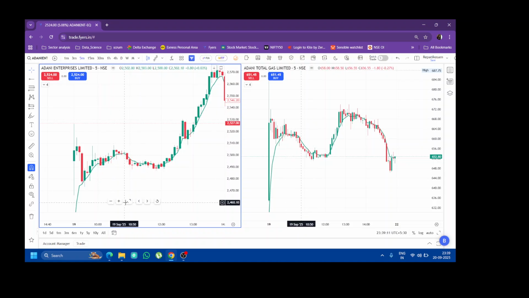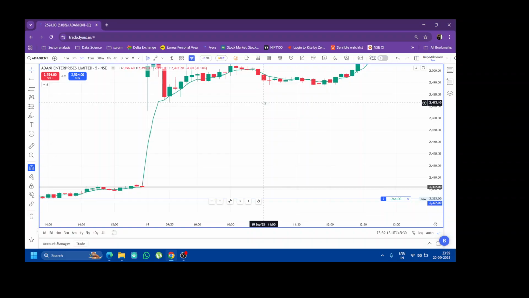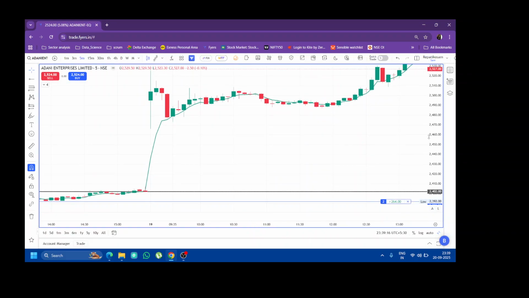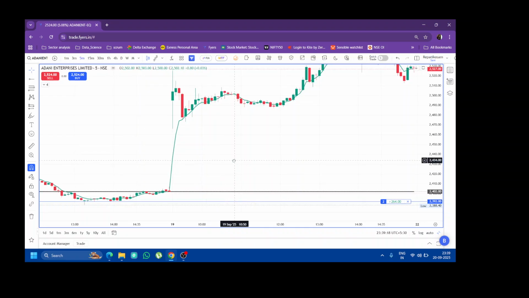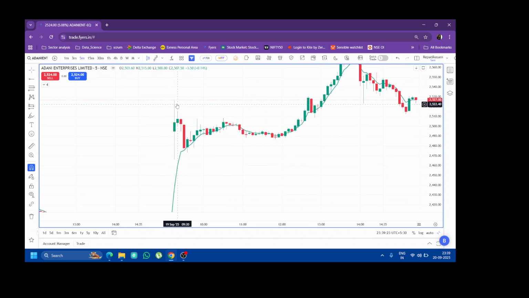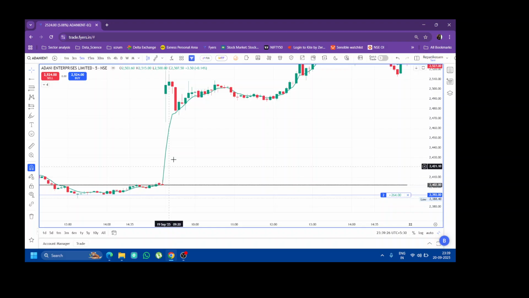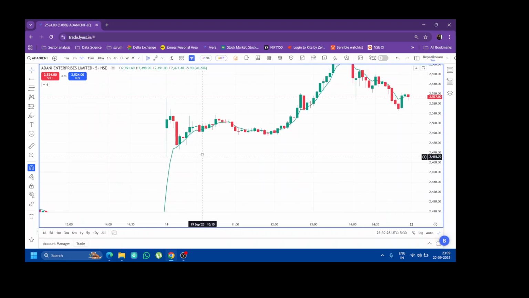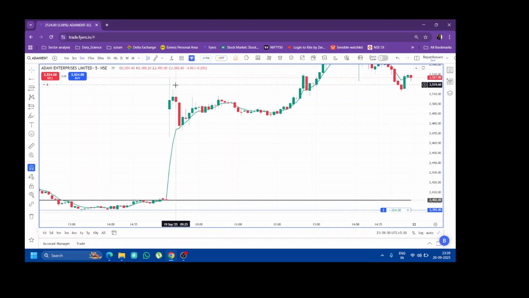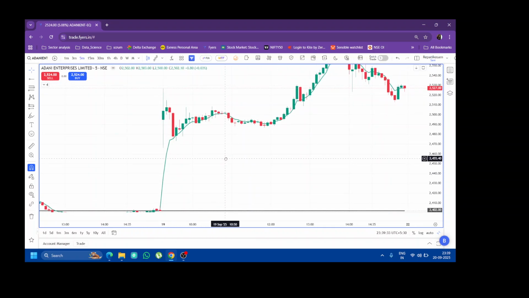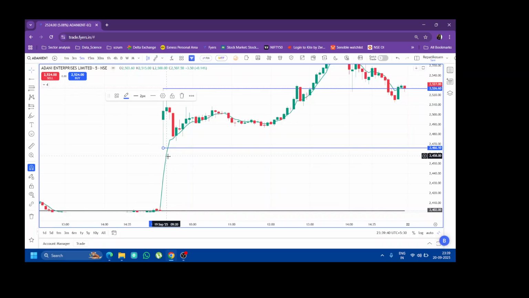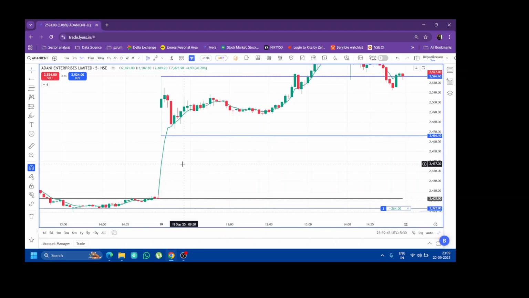Okay. Now, what happened with the intraday trading? I wanted to explain here. On Friday, such a big gap up happened from 2400 to 2500, a 100 points gap up in a single moment, in a 5 minutes candle where such a big movement was created, and I was not able to finalize whether it will come down or it will go further more up.